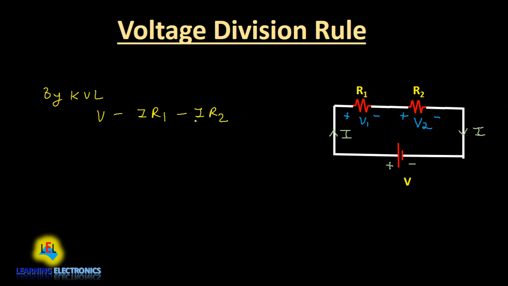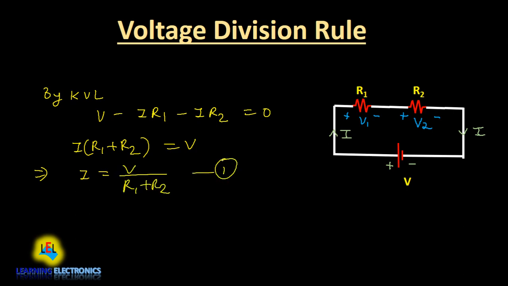So V minus I R1 minus I R2 is equal to 0 by KVL. From this, I into R1 plus R2 is equal to V. And from this equation, I will be equal to V divided by R1 plus R2. So this is our equation number 1.